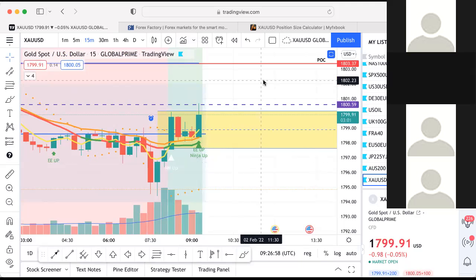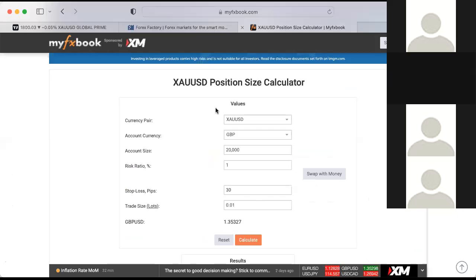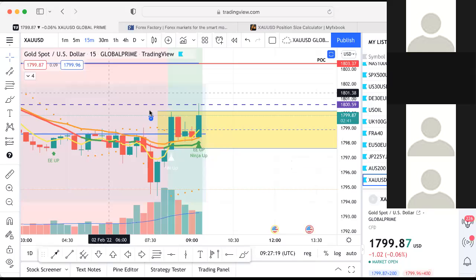What I was going to say is how I use that position size calculator, which I found on my FX book. There is another position size calculator somewhere online, which I found and I promptly lost, which does actually include indices.